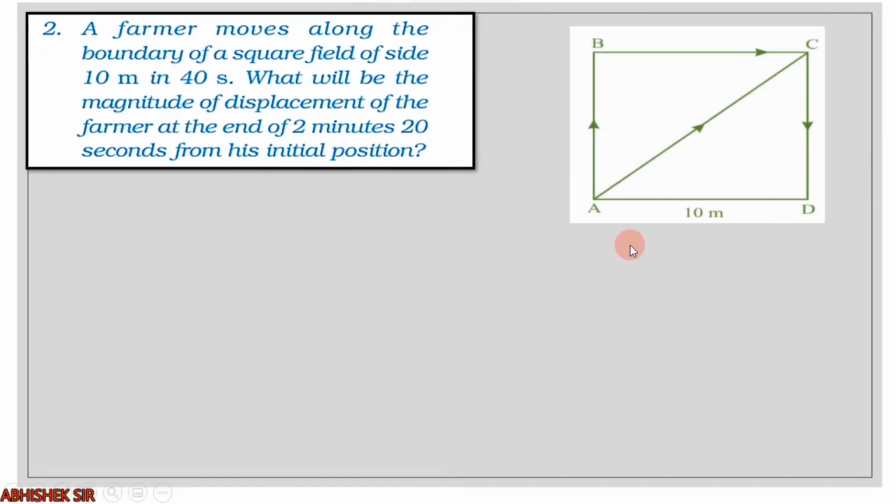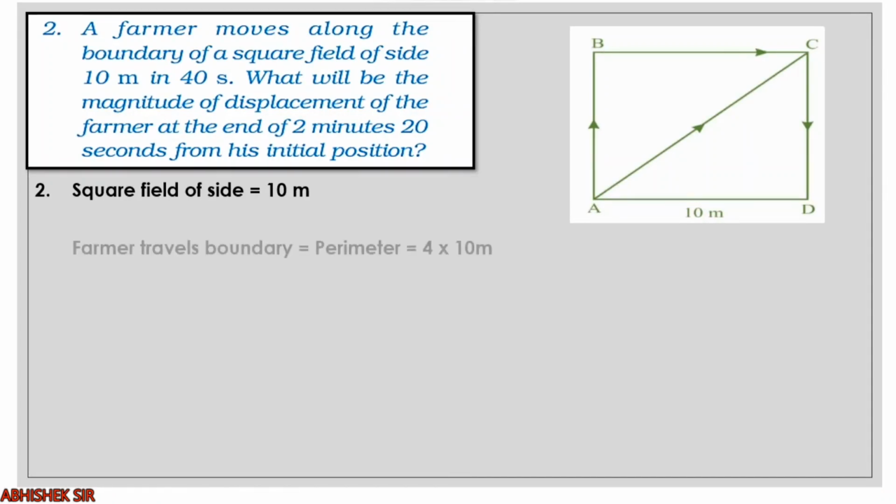So you see the farmer starts from A, goes to B, then C, then D, then A in 40 seconds. That means in 40 seconds he travels one perimeter of the square field. So this will be our hint. So first of all, the square field is of side 10 meter. We will start our numerical writing with the given.